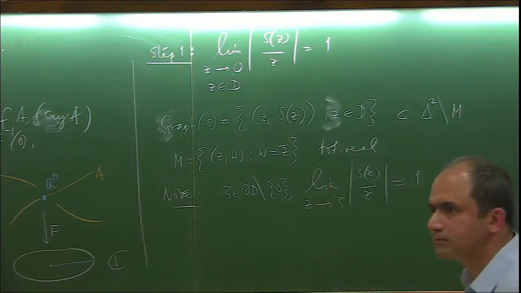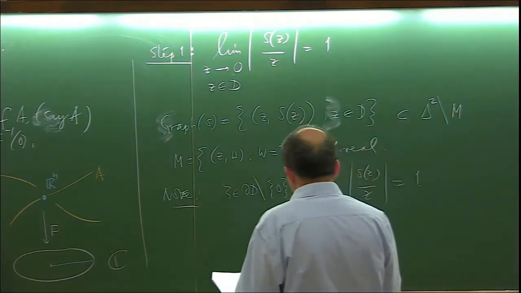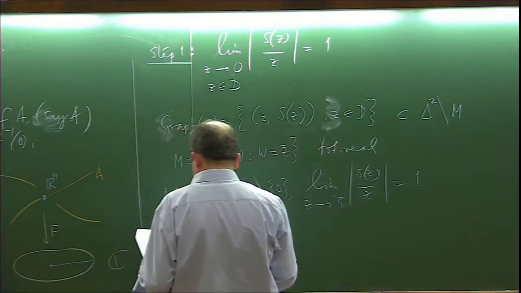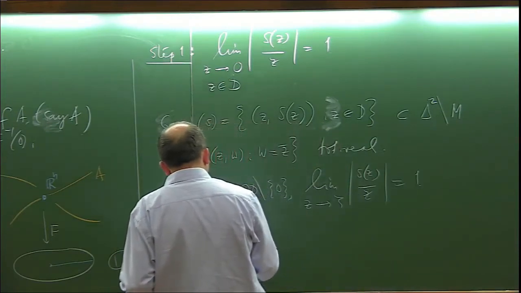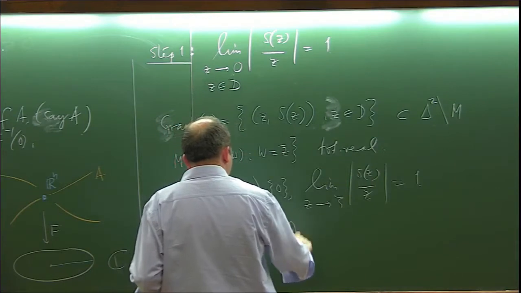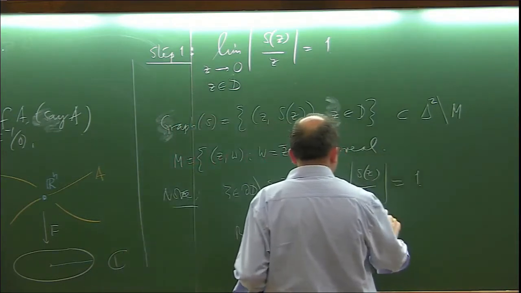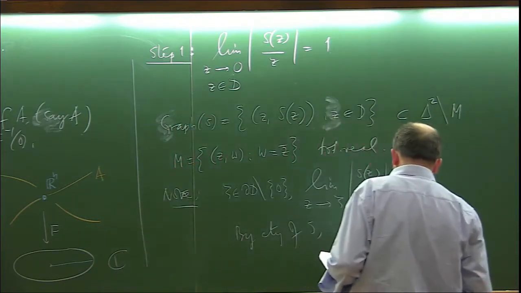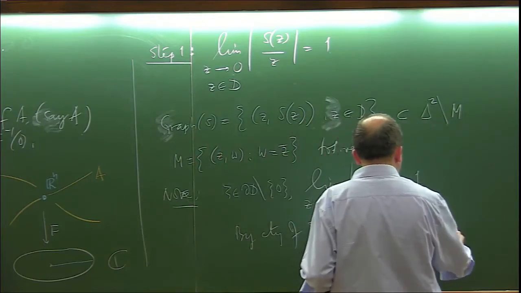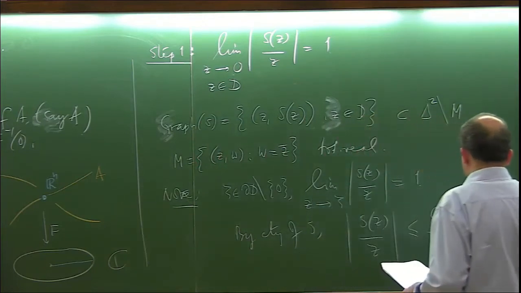Any other point. And because S is continuous on the closure, I know that this is going to be no bigger than C divided by mod Z near the origin.